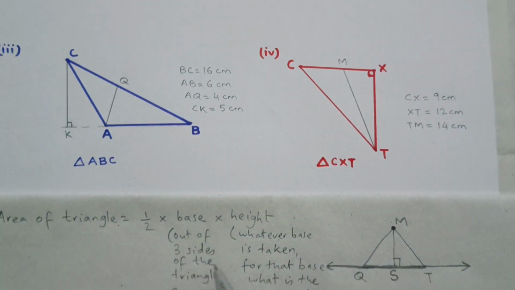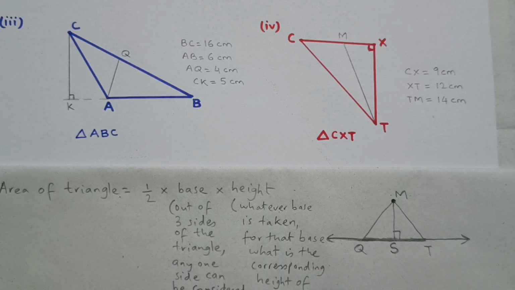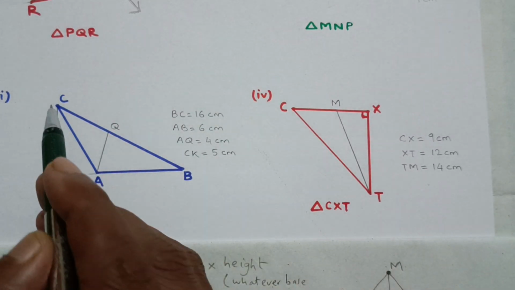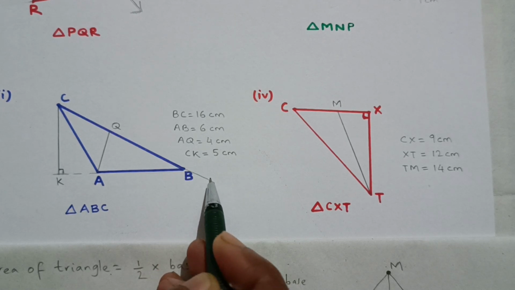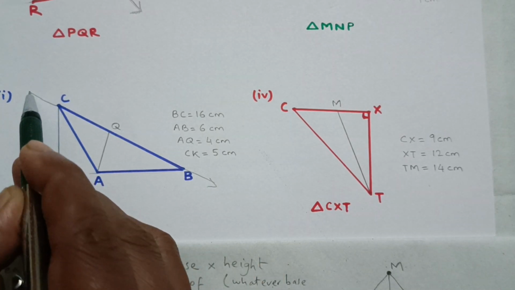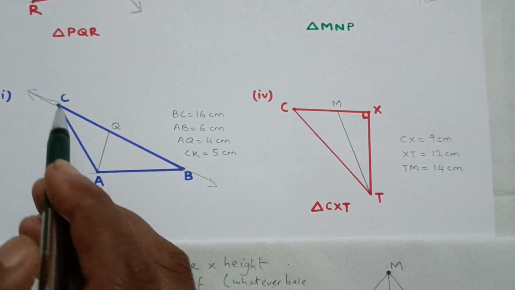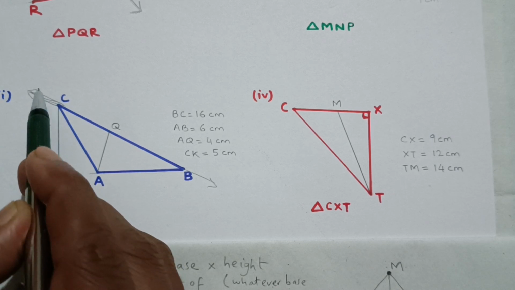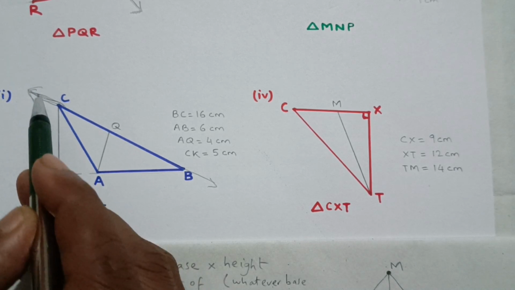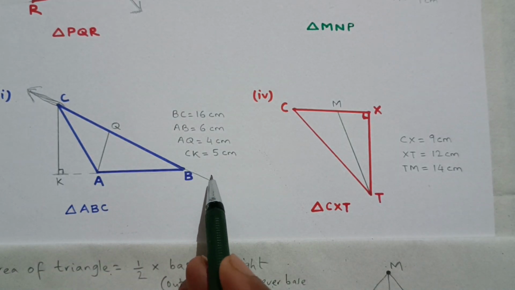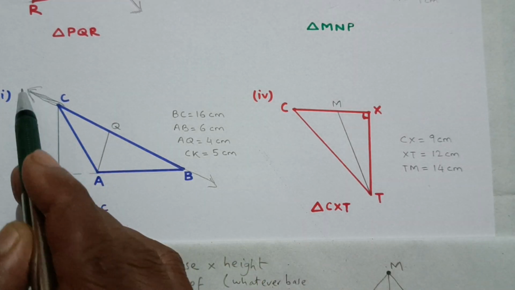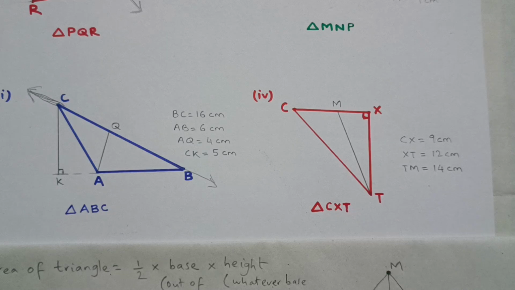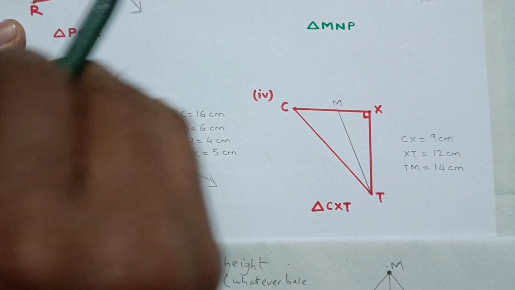Now for BC, let us see what is the corresponding height. So BC, let me extend this line in both the directions. Okay, so it doesn't look neat, so let me just draw a neat extension. So this is the line on which side BC sits. I have extended it in both the directions.